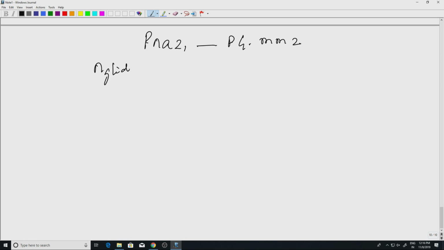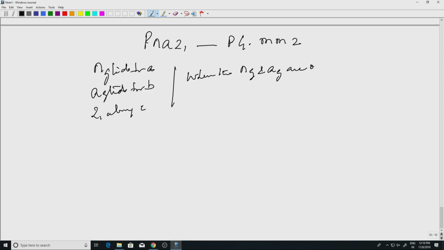N glide perpendicular to A, glide perpendicular to B, 2-1 along C. When the N glide and A glide are operated, it should generate the 2-1 screw along C by default.